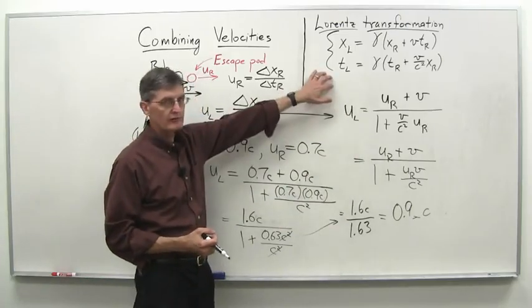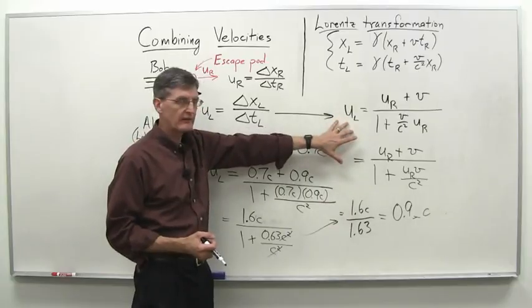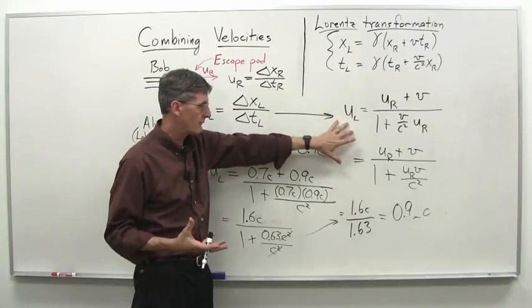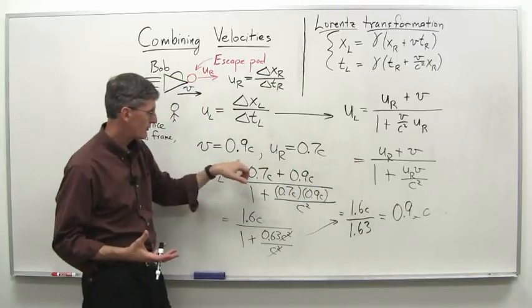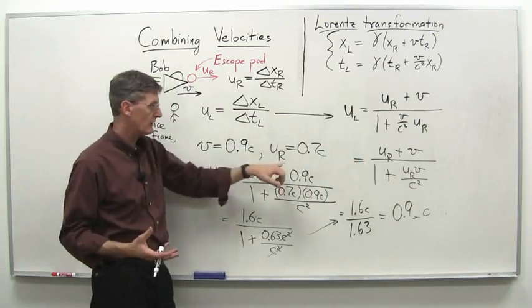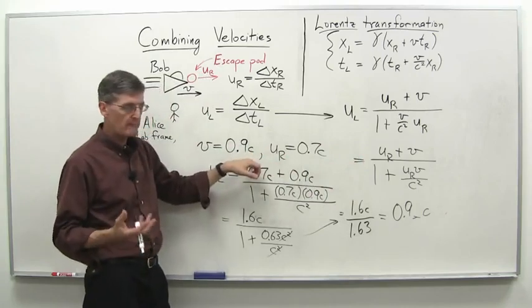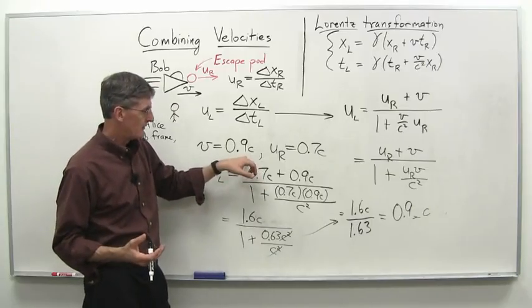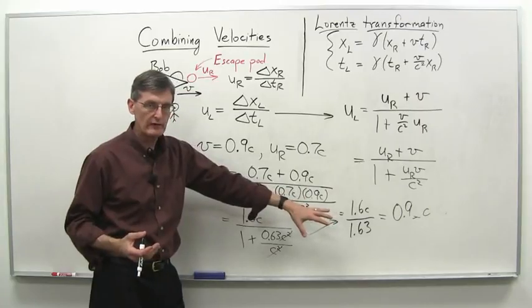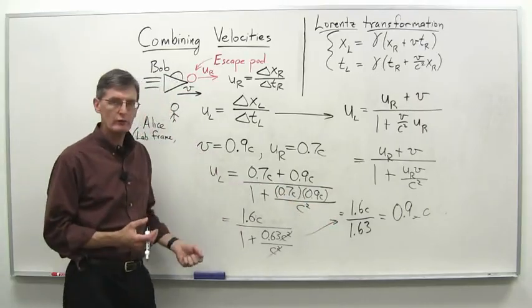Because of the Lorentz transformation, we put this together, found the velocity in the lab frame, and we get this equation. This equation will always give us, no matter what these two values are, as long as they're less than the speed of light for the objects we're dealing with, a result that is less than the speed of light. It adds in a weird way.